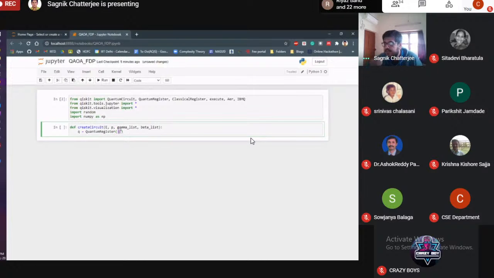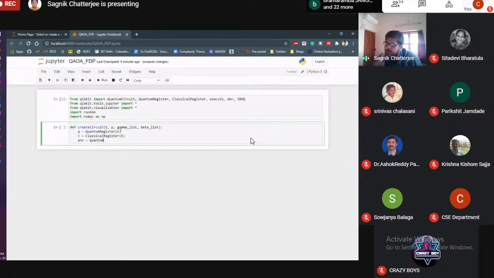Since we have E edges, we'll be putting in E as the number of quantum registers. To measure these quantum registers, we'll need E classical registers to take the values of these quantum registers. We'll also need some ancilla qubits. Ancilla qubits will be our workspaces. We'll just need one ancilla qubit for this experiment.